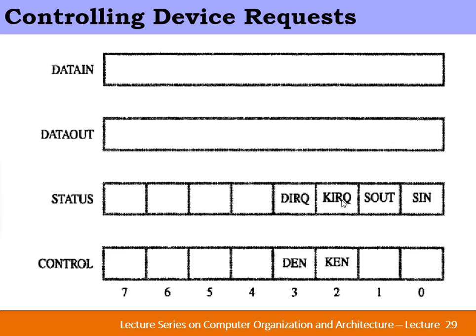If that particular bit is set, it indicates that an interrupt request is generated. If the enable bit is set to 1, it indicates that the device is allowed to generate an interrupt request. If the interrupt request is generated, then the IRQ bit will be set. So this is regarding the status and control flags.